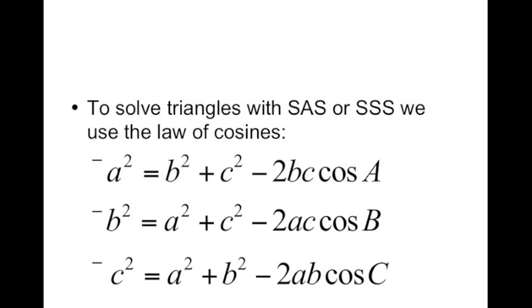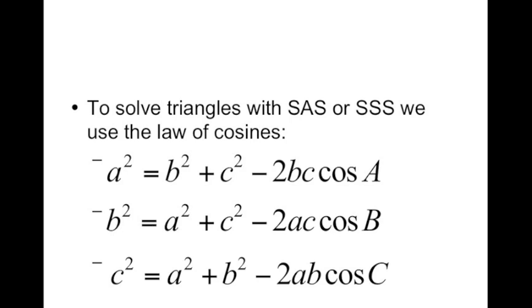So if little a is alone, we have big A inside of the cosine, and we use little b and little c throughout the formula. Okay? If little c is all by itself, then big C is our angle, and we use the other 2, little a and little b, throughout the formula. Okay? So we can kind of move around letters that way. I'm going to give you the formula on the quiz, but I'm only going to give you one copy of it, so you have to know that you can rearrange the letters as you need to.